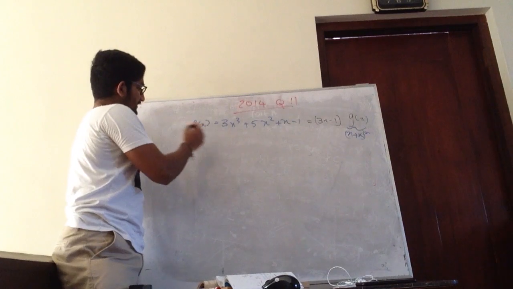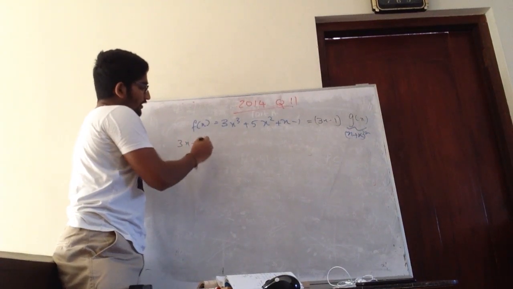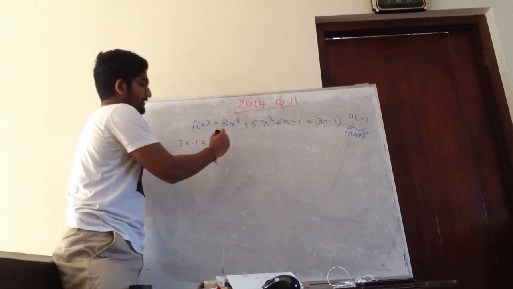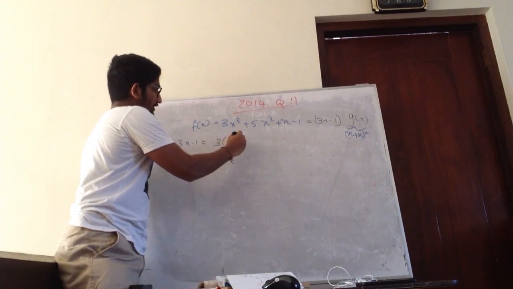Now I am going to take this 3x minus 1. I can't put 3 here, so I have to take 3 out: 3 times (x minus 1 over 3).